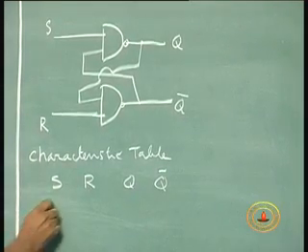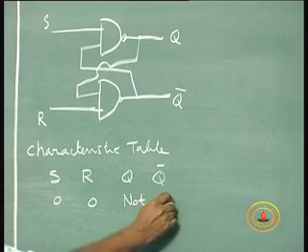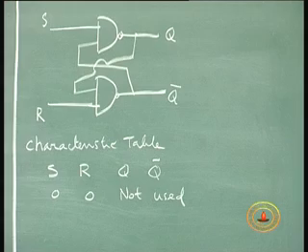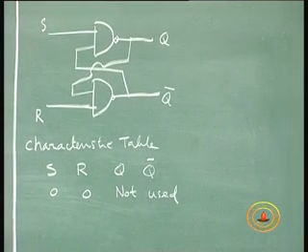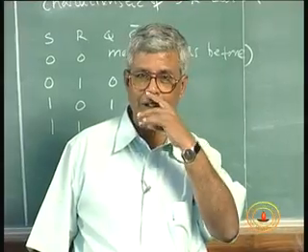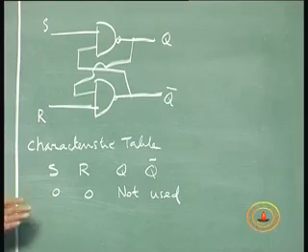here 0 0 is a not permitted state. Some people also write not used instead of not permitted. Permitted of course, provided you do not care for the output. It is not permitted in the sense you will not get reliable results. So, it is not used, 0 0. It is a complement operation.